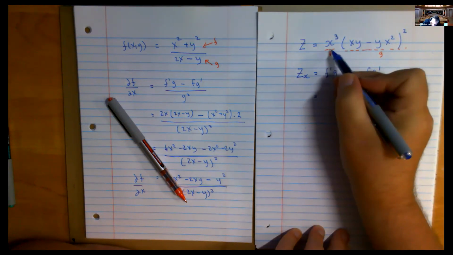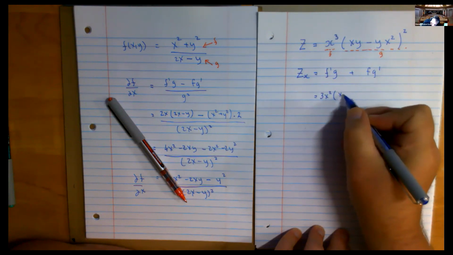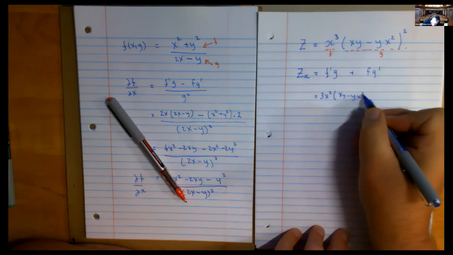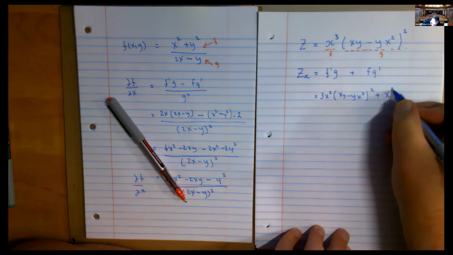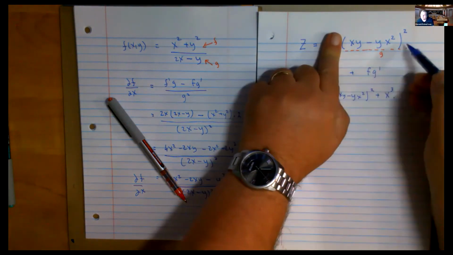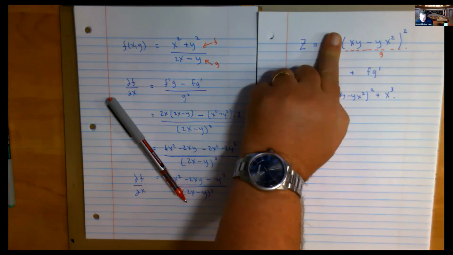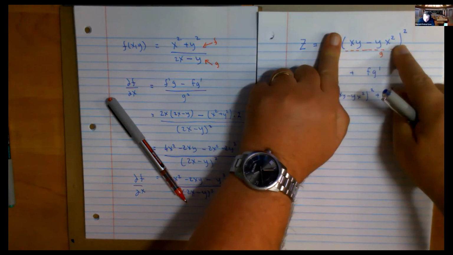If you differentiate this, you get 3x squared, and you leave the ugly mess alone. Then you leave the x cubed alone, and now the killer, g dashed: what is the partial derivative of this thing with respect to x?